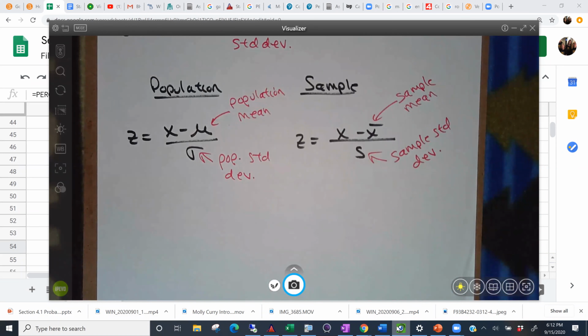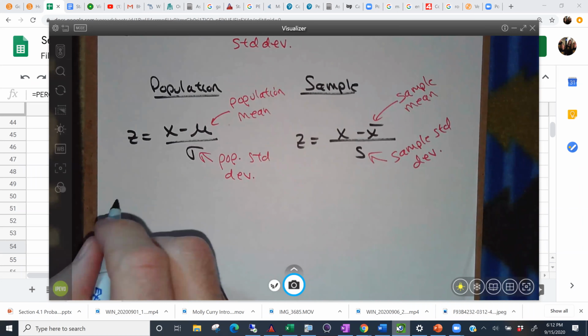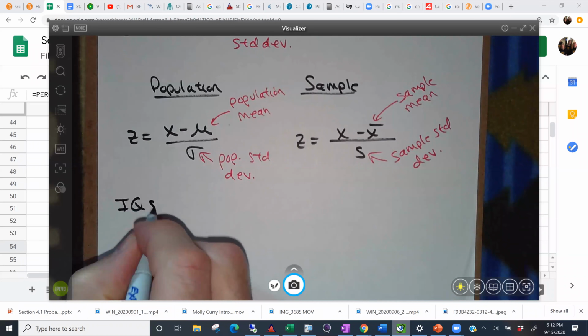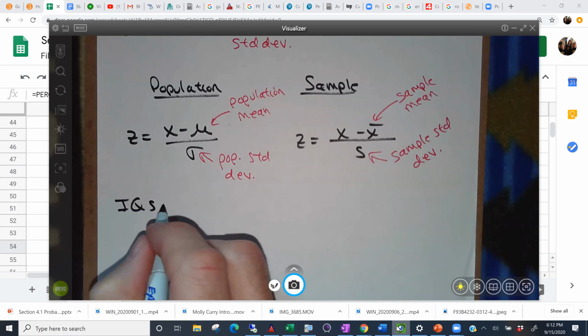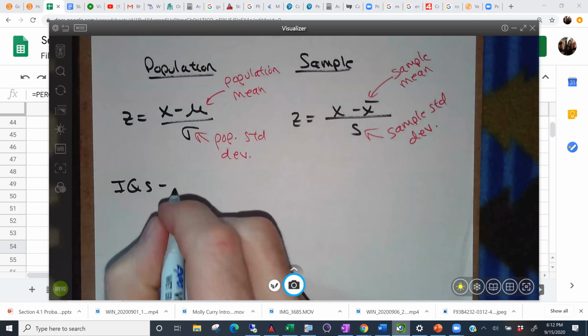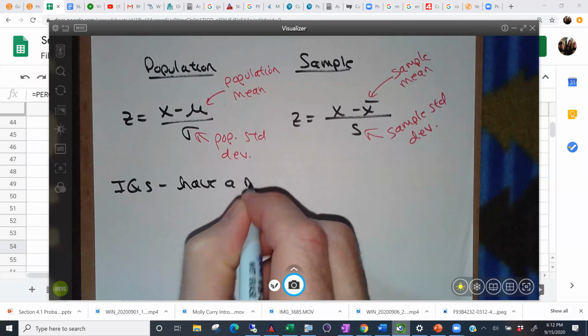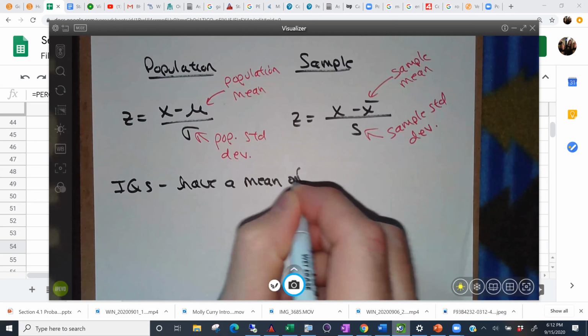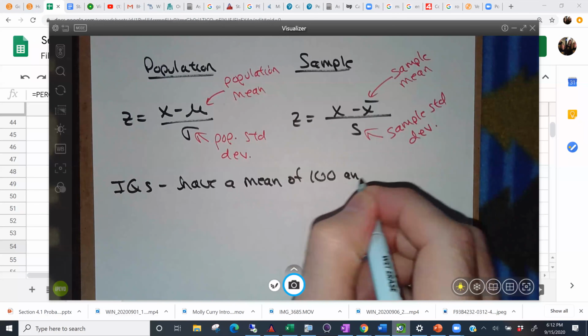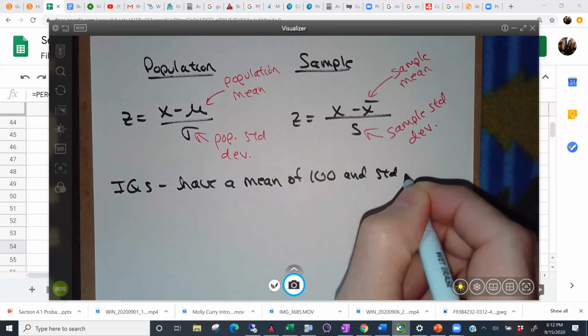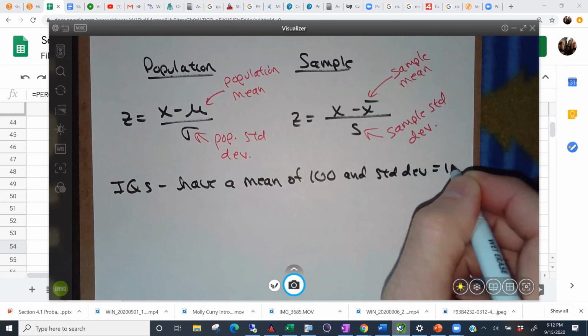So, okay. Let's do some examples to get familiar with z-scores and understand what they are. We're going to start with IQs. IQs, or intelligence quotients, have a mean of 100 and a standard deviation of 15.